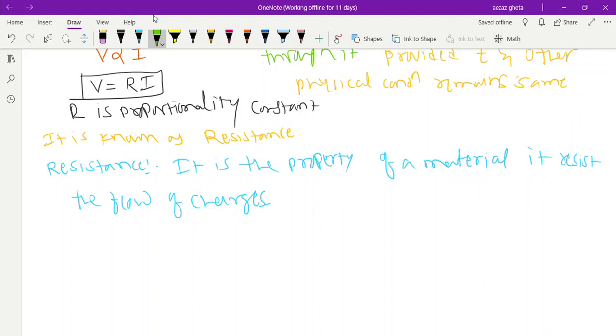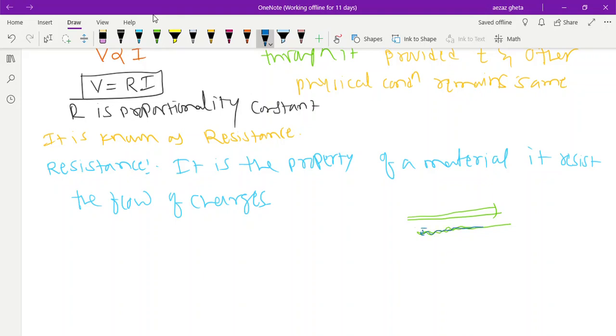Just one example you can consider: one wire is there, a material which is very smooth, so things can flow very easily. But if one rough wire or rough surface is there, things have a lot of friction or difficulty to flow from one point to another point. So you can consider that electrons are trying to move here, and they are moving with difficulty.